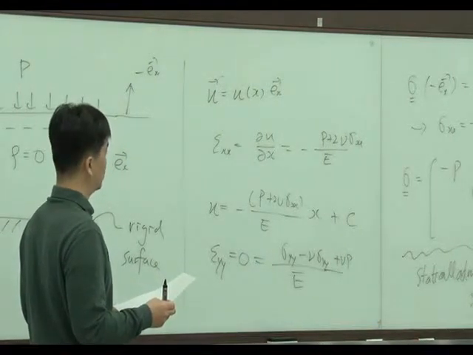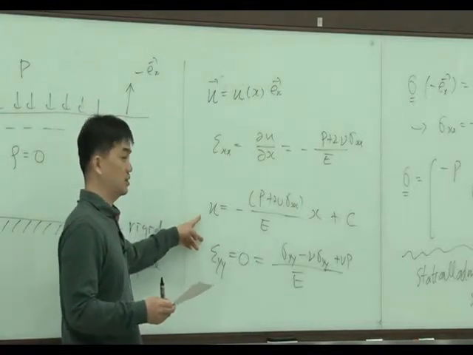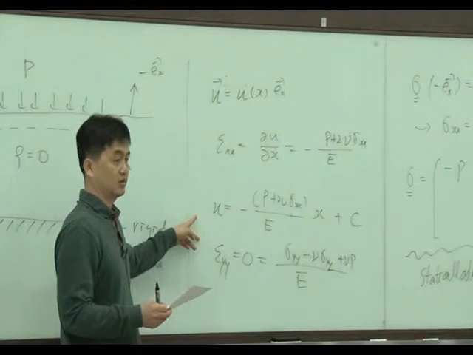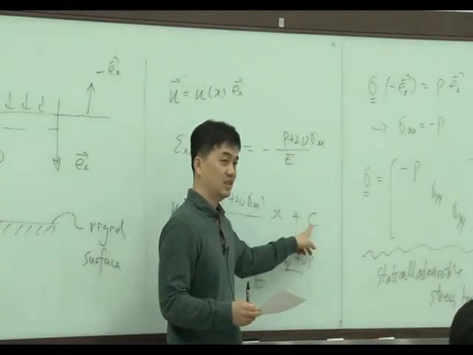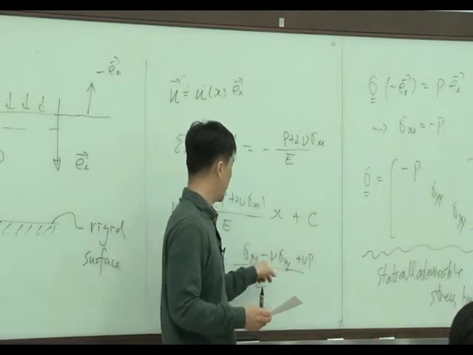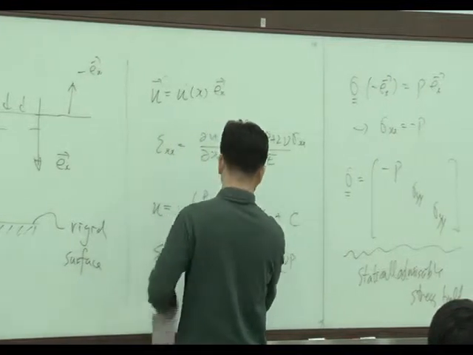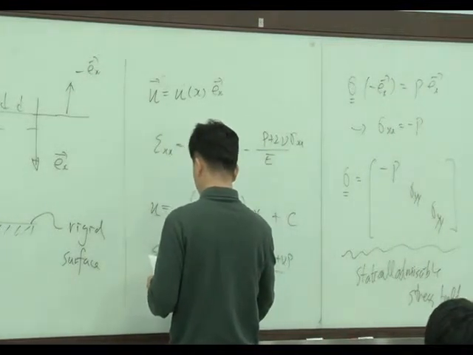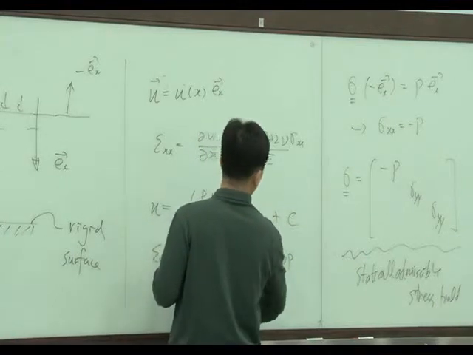So what's the unknown here? We have two equations here. What's the unknown? Unknown is here constant C, material constant C, and stress YY. Right? Because we know stress XX already. Yeah, this should be YY.